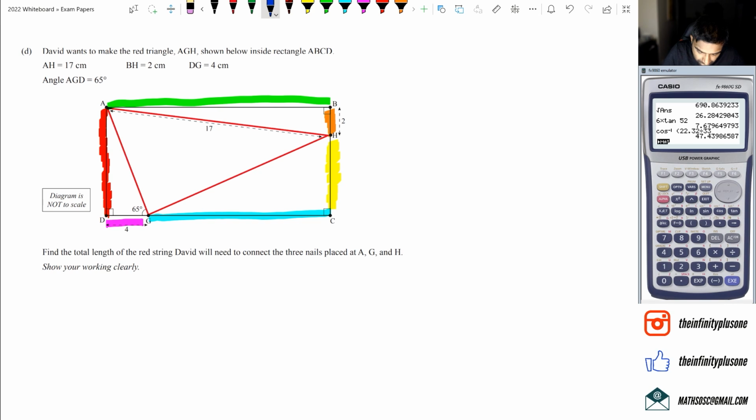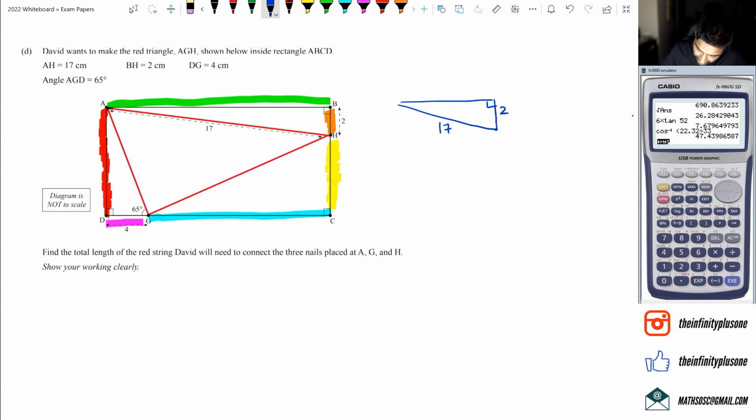So the green one, I'm just going to draw it up roughly here. So there we go. So we've got 17 here, and we've got 2, and that's pretty much what we've got here. So we're using Pythagoras theorem to work out the missing side.